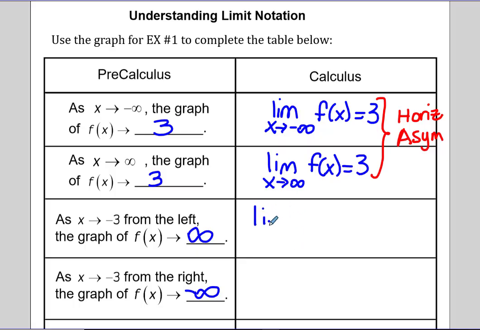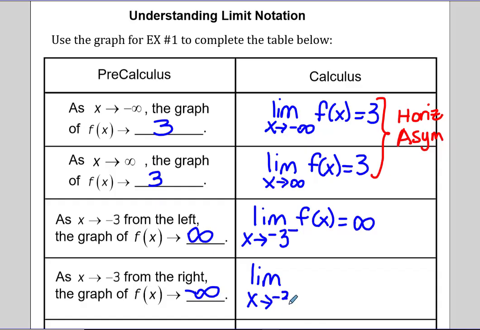These are the formal definitions for a vertical asymptote. As I head to my target number from the left, my function values are unbounded up, they're increasing, and as we head to x, our target value, from the right, the function values are unbounded downward, or they're decreasing. And this is my formal justification for a vertical asymptote.